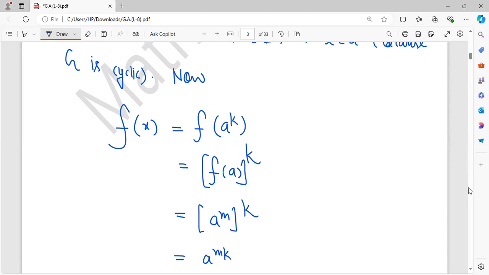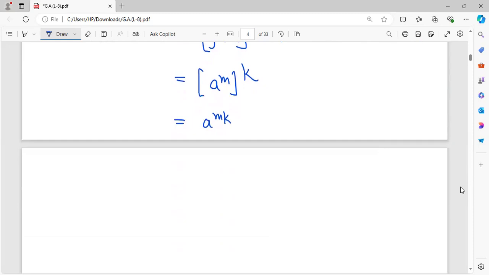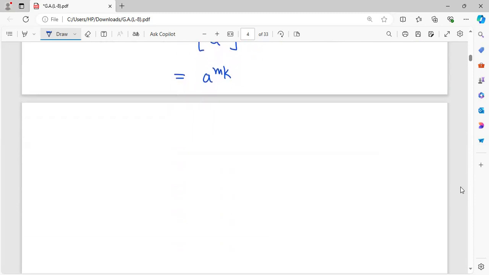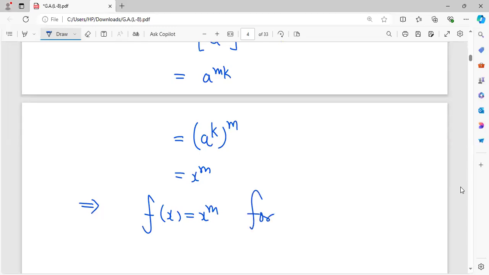But this is nothing but (a to the power k) to the power m. So this is x to the power m. f(x) is equal to x to the power m for x belonging to G.